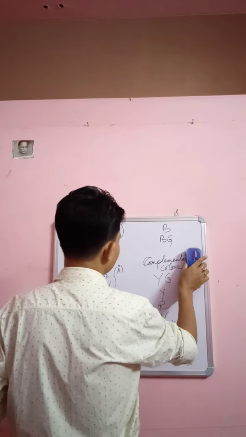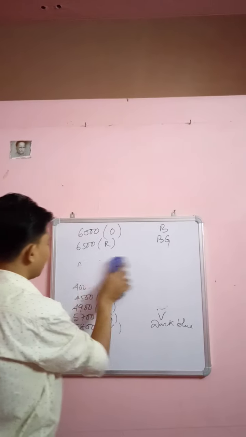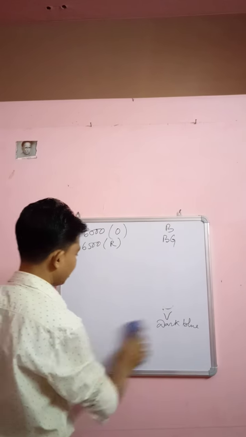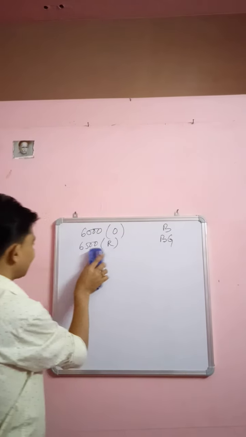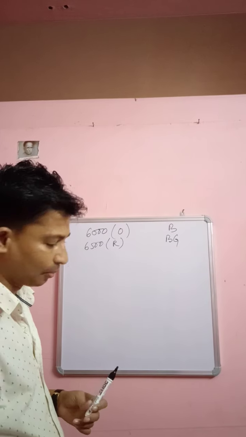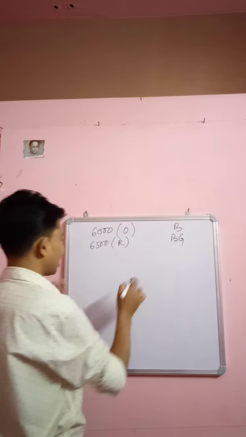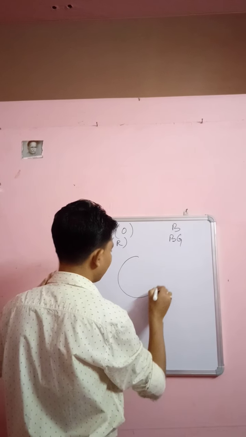So what you do, my dear students, you just draw one circle in your copy. Whenever these questions are being asked in entrance exam or your board exam, you draw just one circle in your copy.